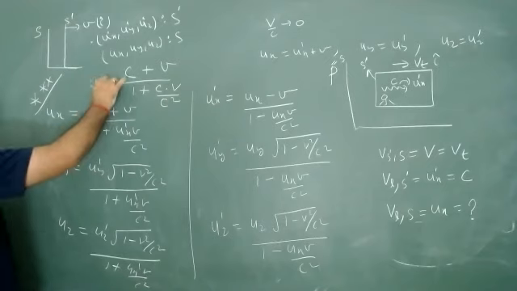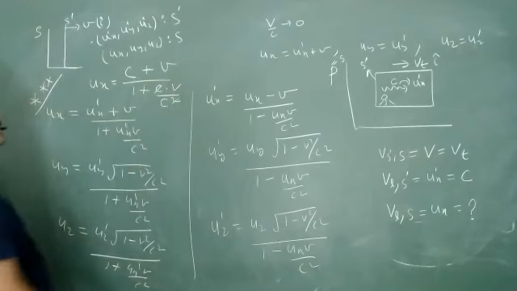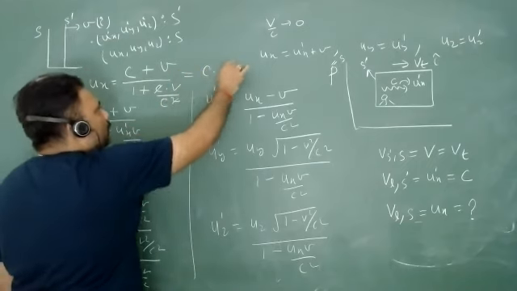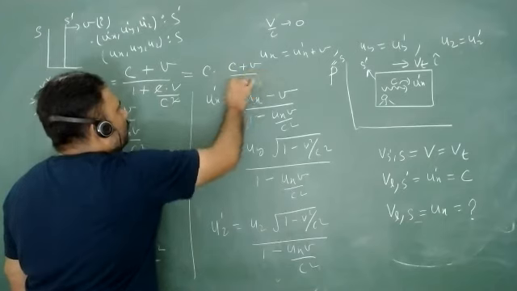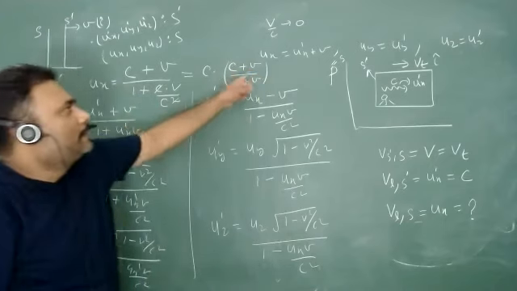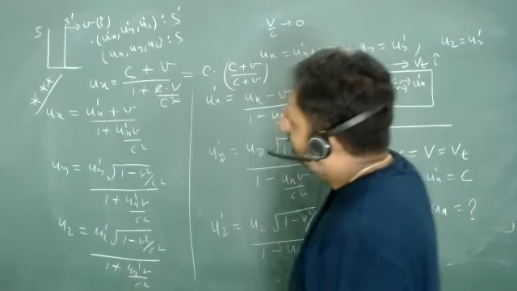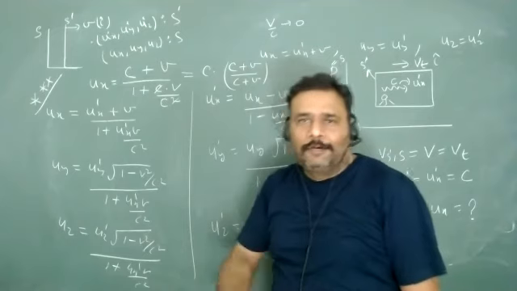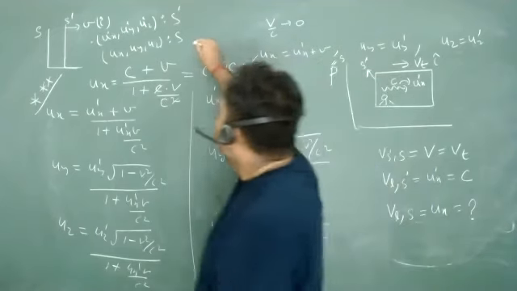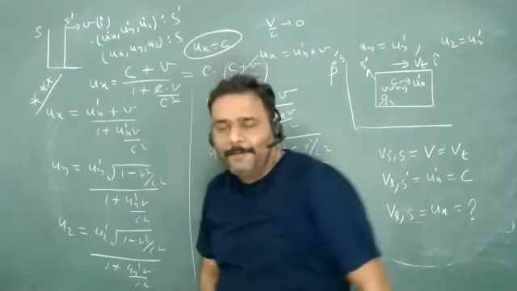Let us enjoy the calculation. This c and this c cancel out, and what you have is c plus v. The real problem was this particular c plus v in the Galilean. With the help of the genius of Lorentz, this cancels out and you have ux equal to c.